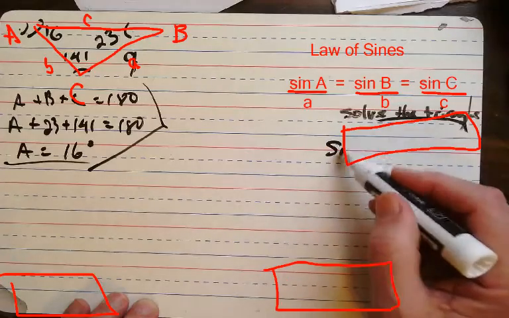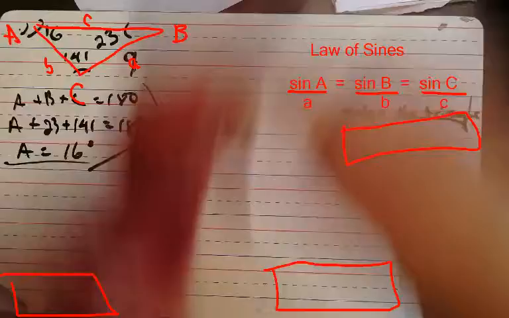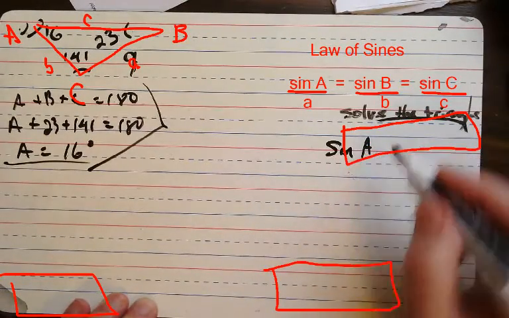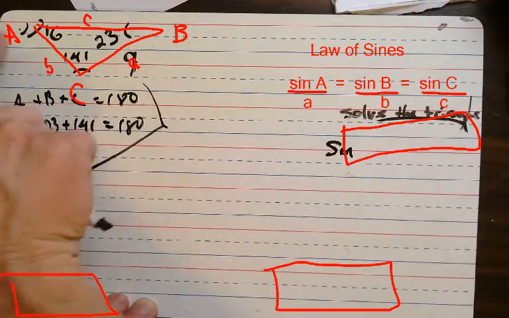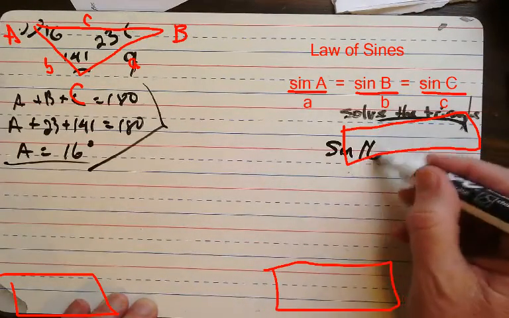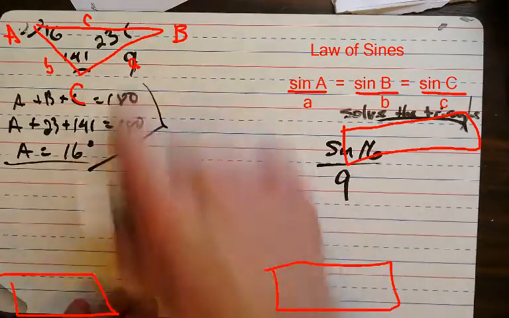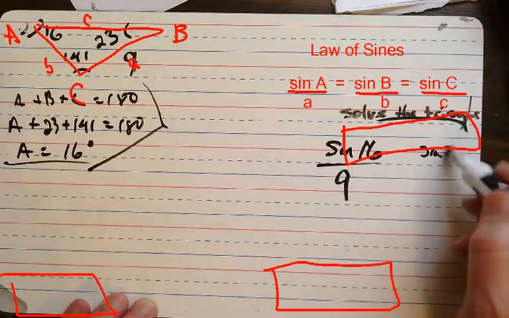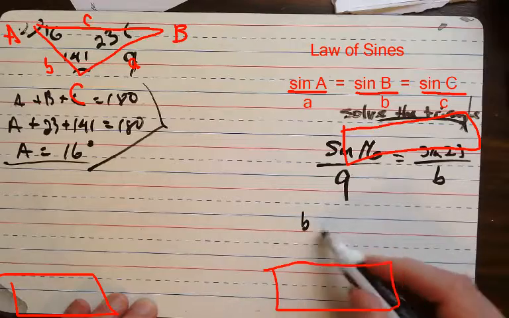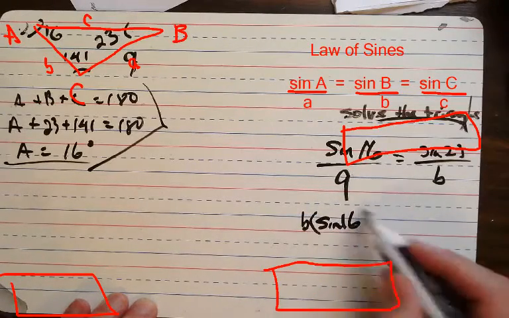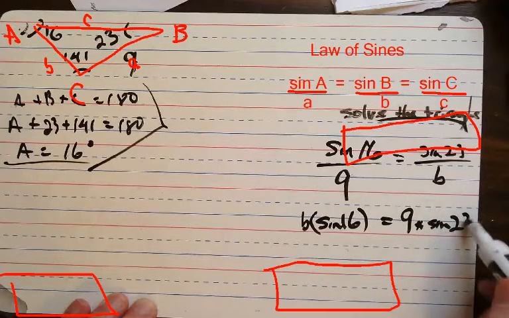The sine of A, oops, A is 16. We just found 16, right? Side A, angle A is 16. I'm going to write 16. There we go. And then 9 is the side opposite that, right? So if I want to do B, I'd have to do the sine of 23, and that's B. So when I cross multiply, I get B times the sine of 16 equals 9 times the sine of 23.